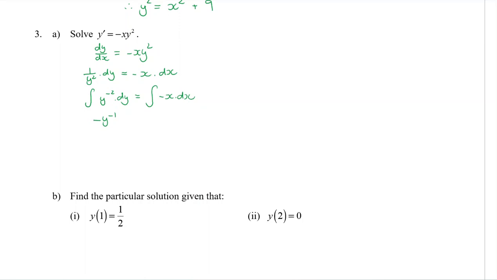And then the x, add 1 to the power, divide by the power, and then plus the c. Okay, get rid of the minus sign. So we'll have y to the negative 1 equals positive x squared over 2, and let's just leave it as a plus c. And there we have it.